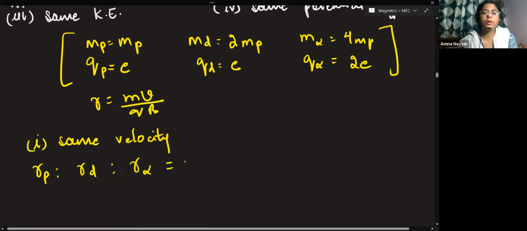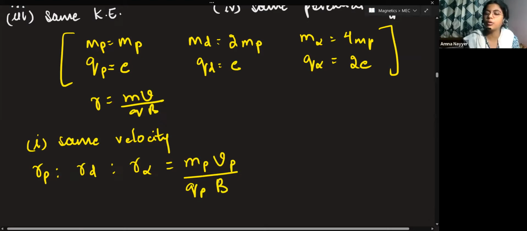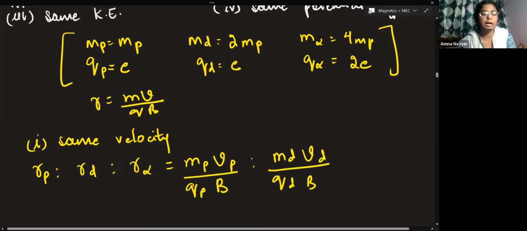This can be written as m_p, mass of proton, multiplied by velocity of proton, divided by charge on proton multiplied by the magnetic field, is to mass of the deuteron, velocity of the deuteron, charge of the deuteron, and the magnetic field.